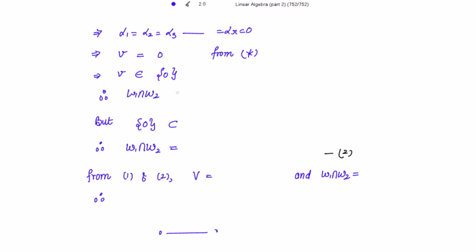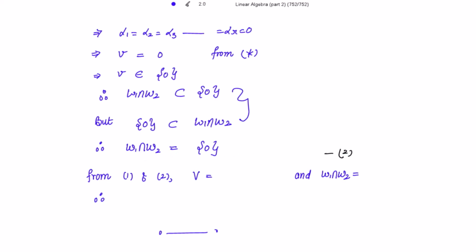So because V belongs to this, their intersection is a subset of the 0 element. But the 0 element itself is a subset of the intersection of the subspaces. So from these two, we can say that W1 intersection W2 is equal to the 0 element, because each contains the other.